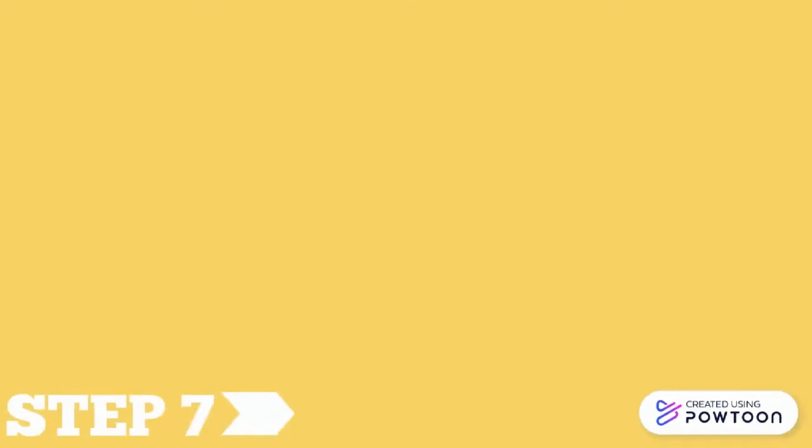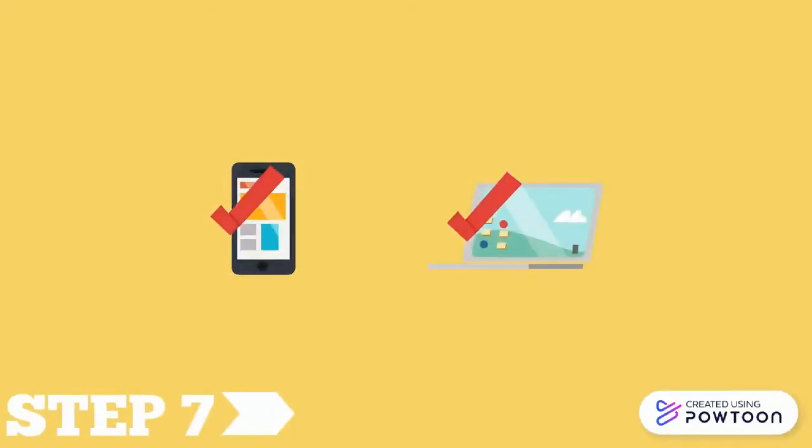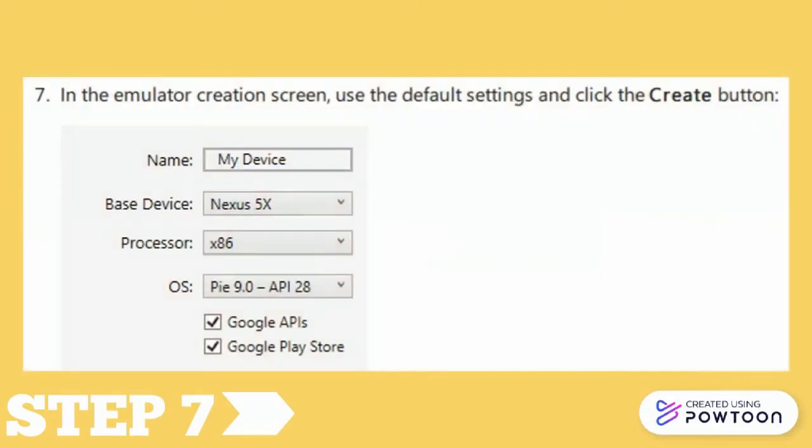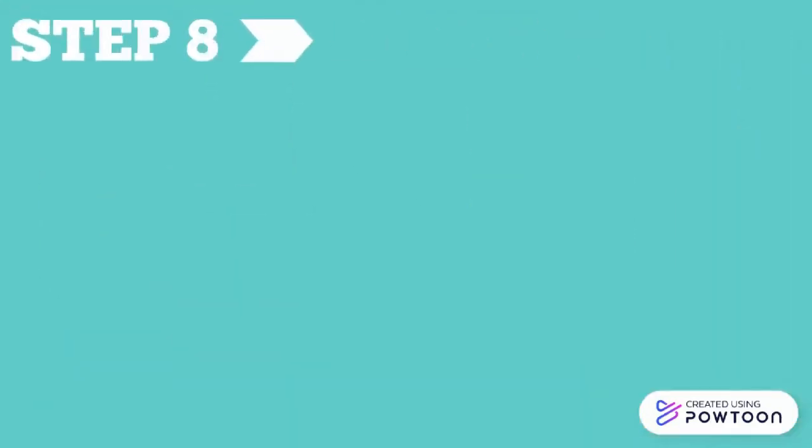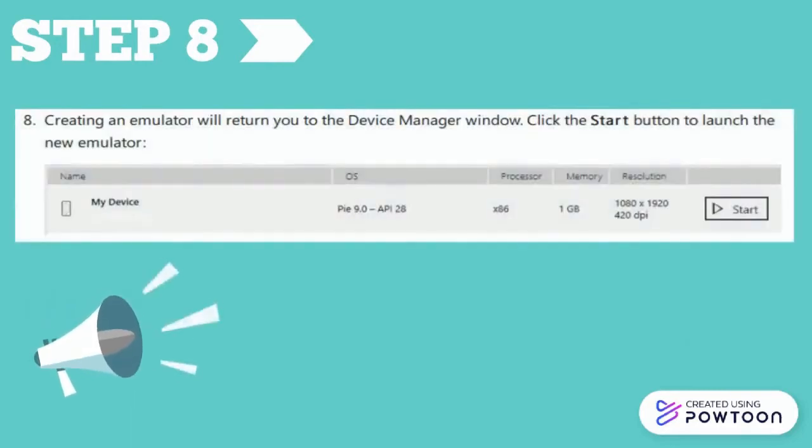Step number 7. In the emulator creation screen, use the default settings and click the Create button. Step number 8. Creating an emulator will return you to the Device Manager window.